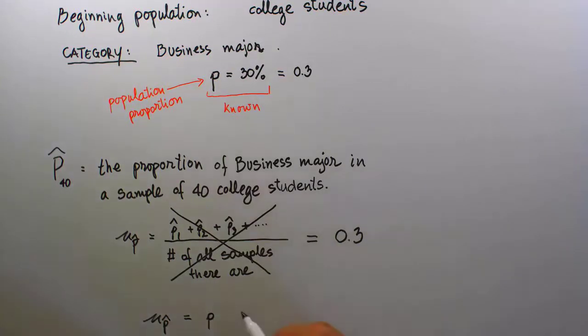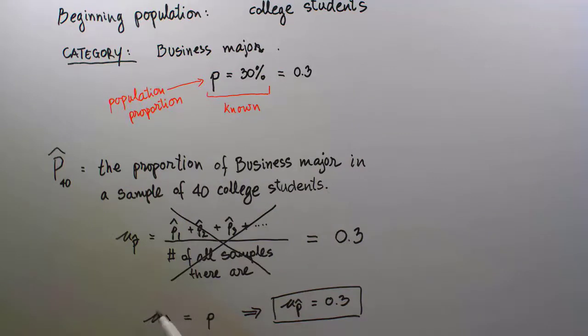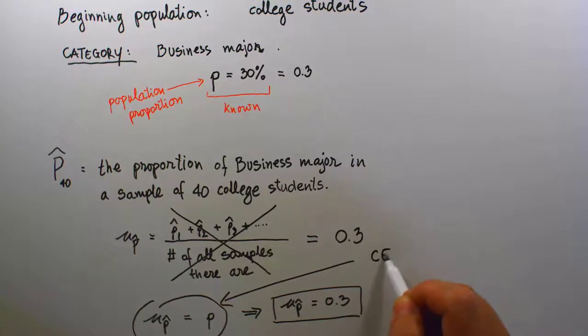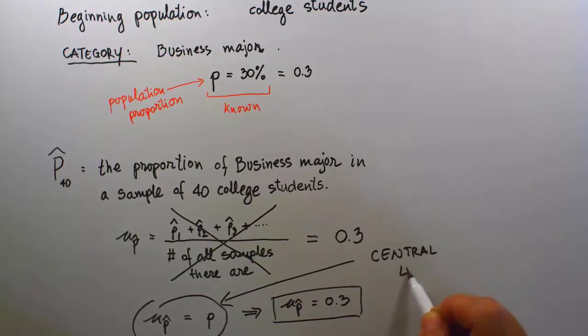And so in this case, that's why our mu p hat is equal to 0.3 as our final answer. And once again, what guaranteed this result for us came out from another statement in the central limit theorem.